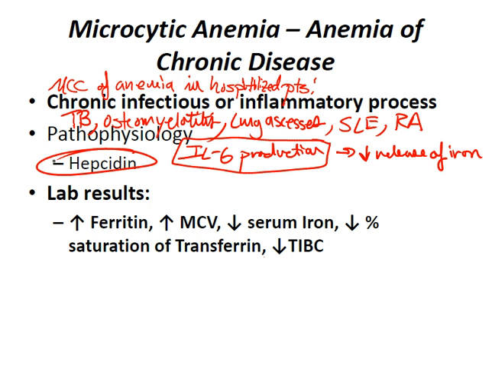So when you upregulate hepcidin, you decrease the release of iron from iron stores, okay? Hepcidin is a hepatic protein which inhibits the transport of iron, okay?